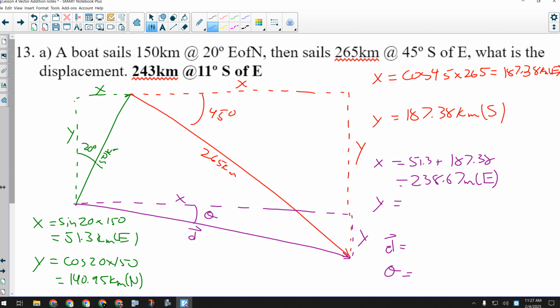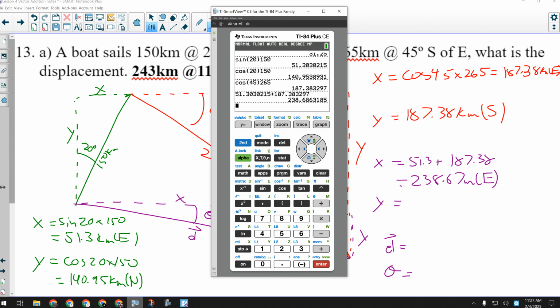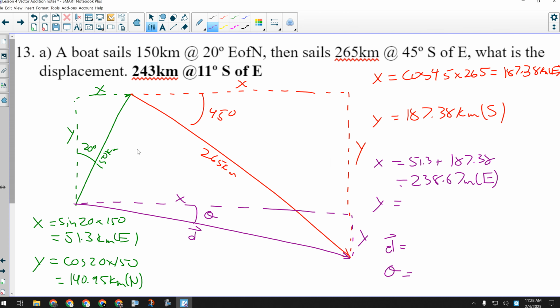And then for our y, green y is north, red y is south, so we'll have to subtract the two of them. We'll take our 187 and subtract the 140, and our resultant y is going to be 46.43 kilometers south. Now we can get our resultant's magnitude and direction.